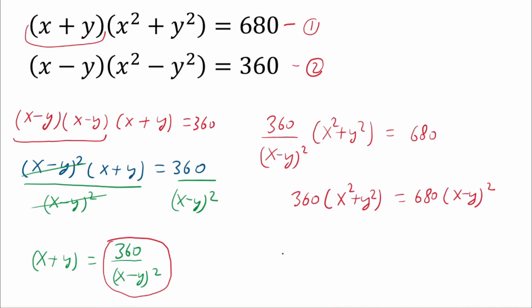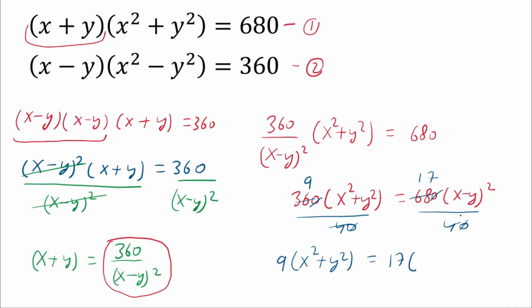Now divide both sides by 40, and this and this cancel out. 36 divided by 4 gives 9, and 68 divided by 4 gives 17.